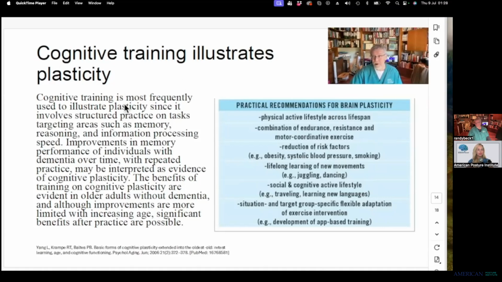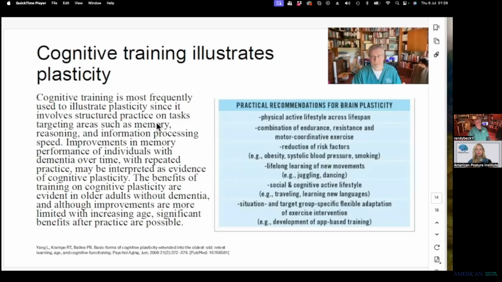So basically, cognitive training is one of the things that we use to illustrate plasticity, since it involves the structured practice of tasks targeting areas such as memory, reasoning, and information processing.